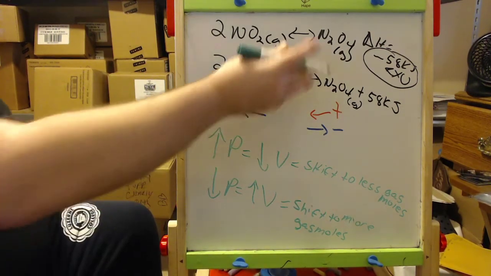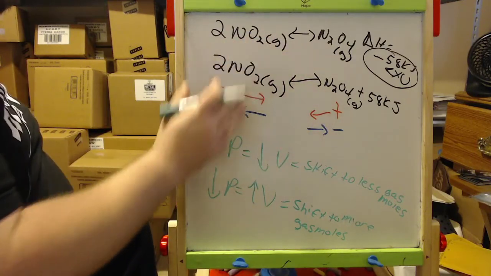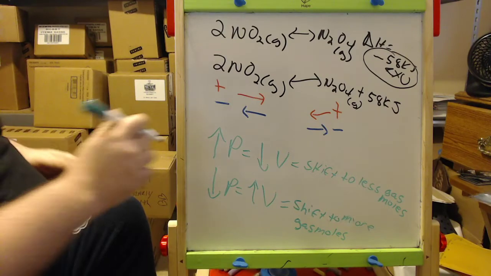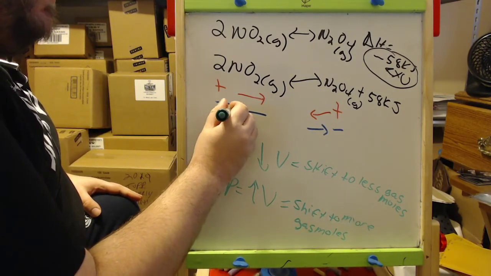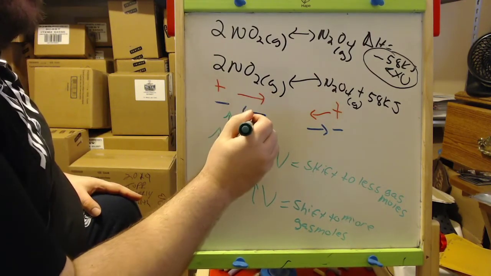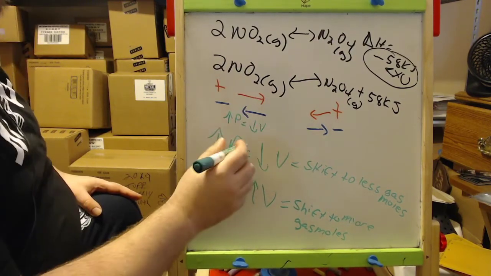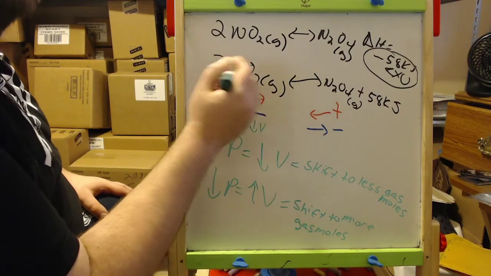So, in our reaction up here, if I were to increase the pressure or decrease the volume, I would shift to the side with less moles of gas.